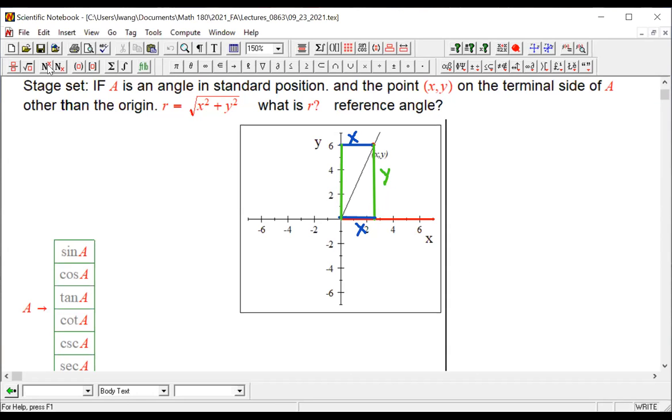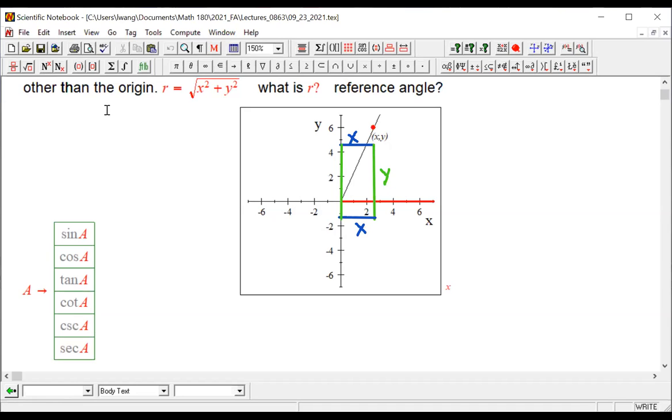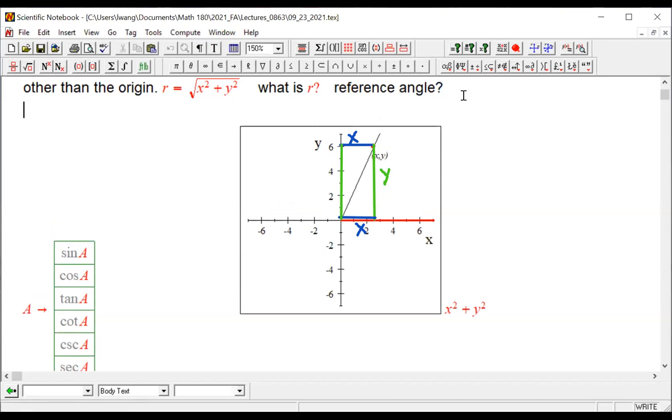What is x squared plus y squared? I'm sorry, it's kind of shifted. Let me see if it will shift it back.